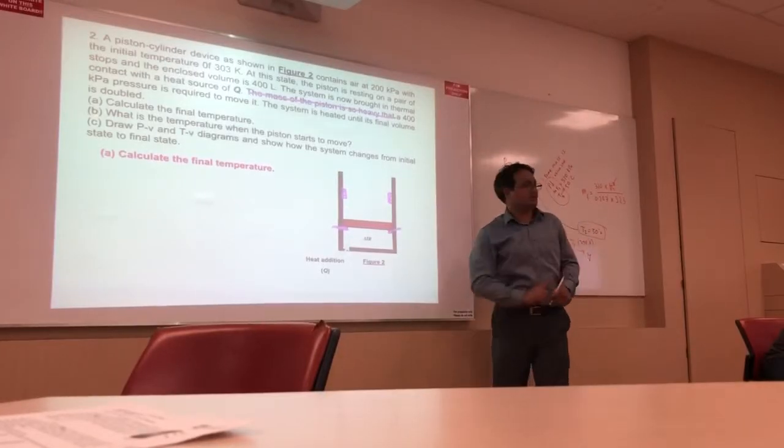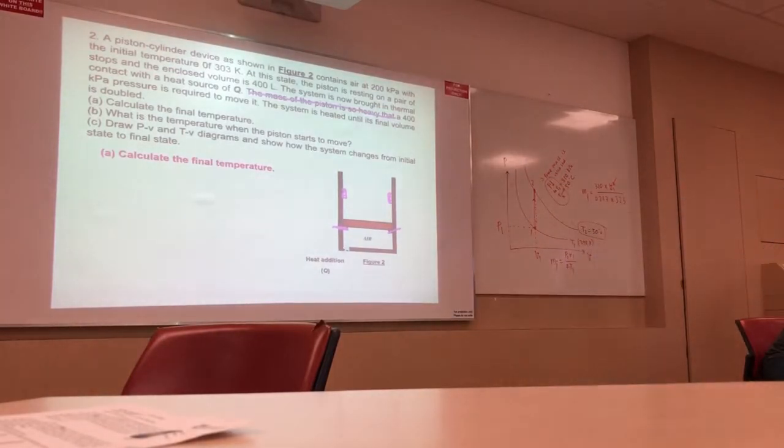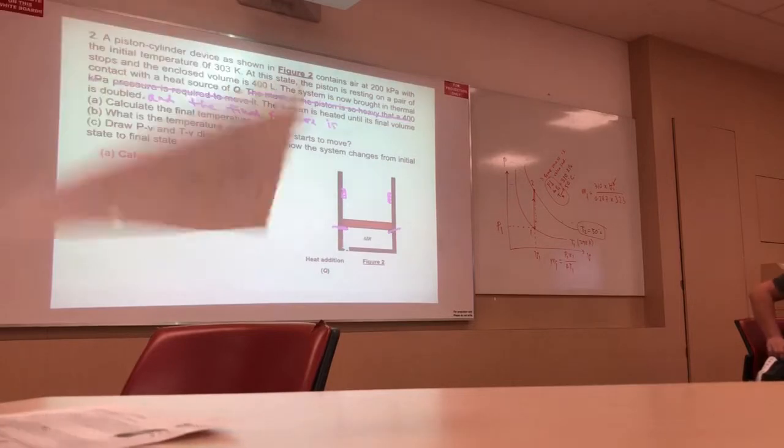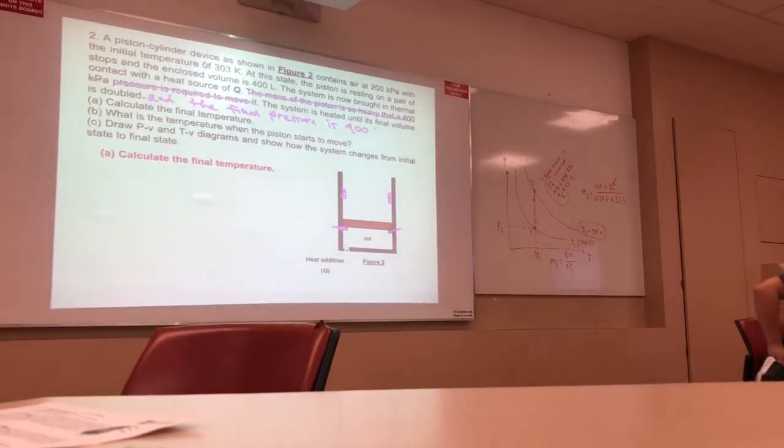Understand? In that case, this is the final pressure, right? Final volume is double, and the final pressure is 400.